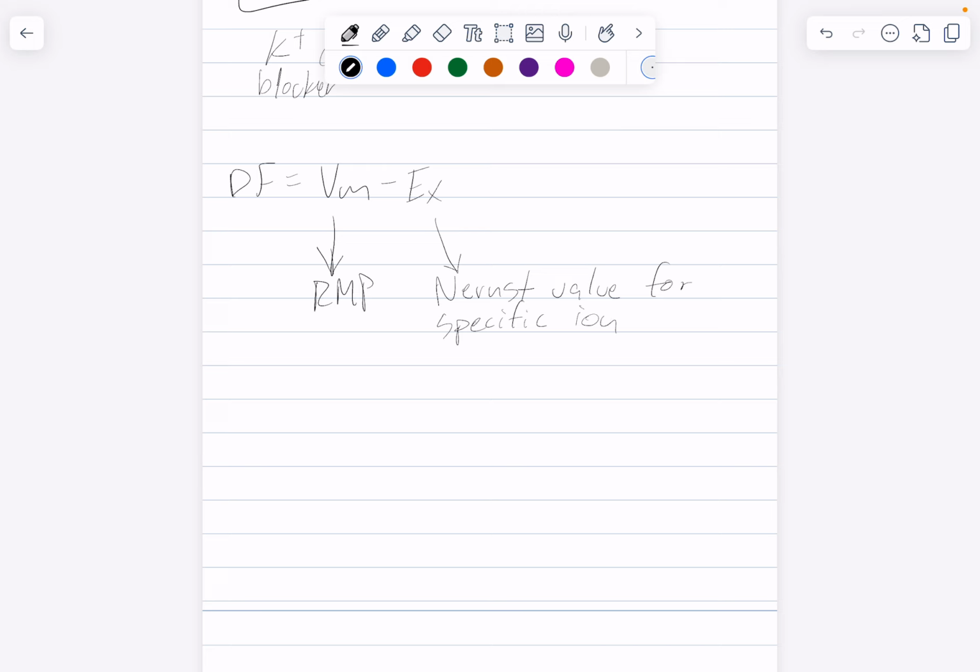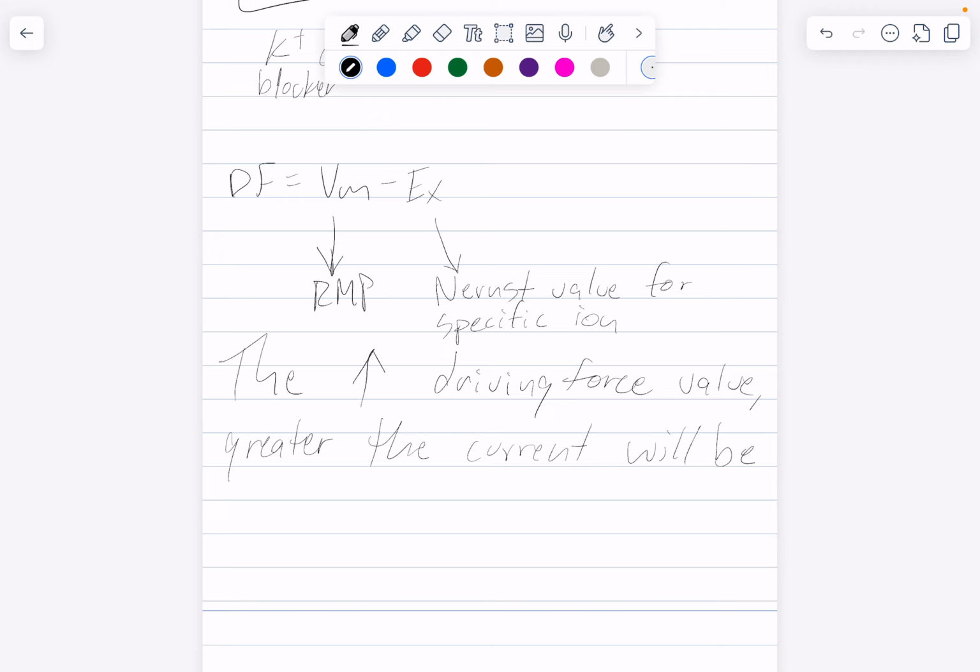So, the larger the driving force, the greater the current will be.